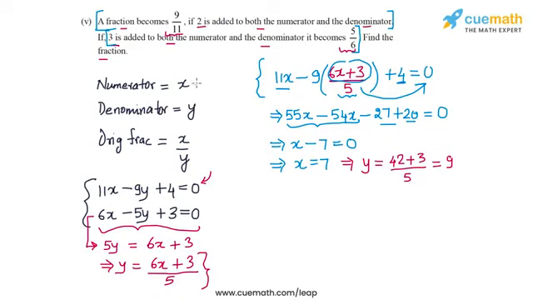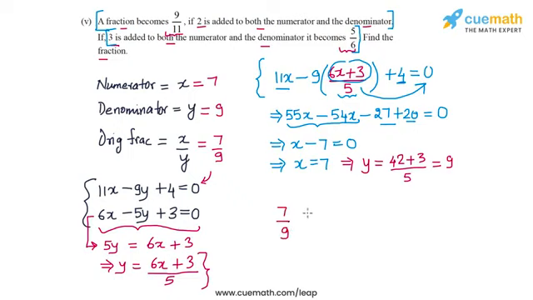So the original numerator is 7 and the original denominator is 9, which means that the original fraction is 7 by 9. And now let's see if this answer aligns with the information given to us in the problem. So I have the original fraction as 7 by 9.